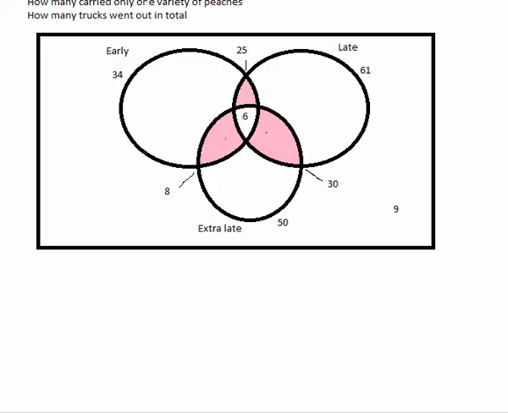Since we know that there are 25 trucks for early and late, and 6 trucks that carried all three, this means that the number of trucks that carried only early and late will be 25 minus 6, so 19 trucks.